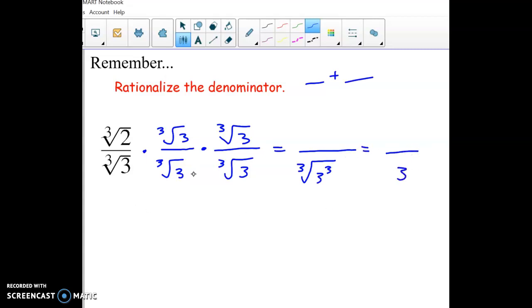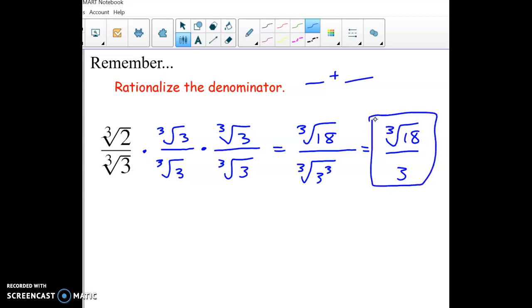So the whole point was doing 2 more to wipe out the radical, so you just have 3. And then up top, we just have to do third root of 2 times third root of 3 times third root of 3. That's going to be a third root of 18. And that doesn't simplify at all, so we just leave it like that, and we are done. Right? And we got rid of the radical symbol in the denominator.